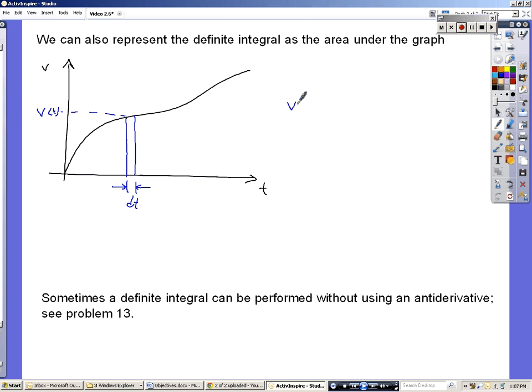If we look at this quantity, v times dt, that is going to be the area of that little strip of the graph. And that tells us the very small displacement that occurs during the time interval dt.